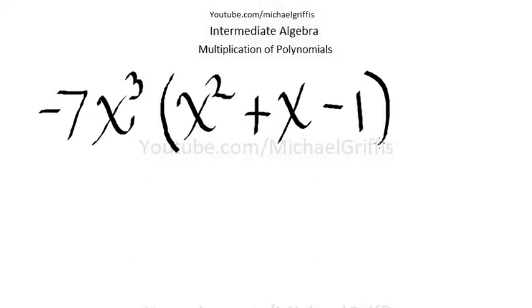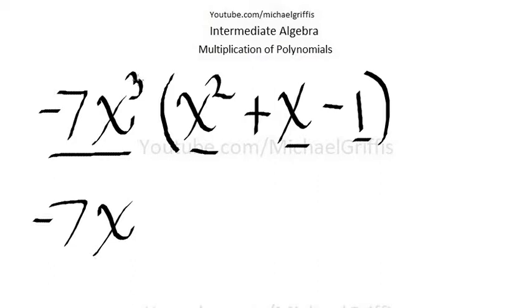So that means that we're going to multiply this negative 7x cubed across each one of these terms inside. So we have negative 7x. Now this 3 and 2, you add them together because you're just multiplying them. So that's negative 7x to the fifth minus 7x, right? So this is a 3.